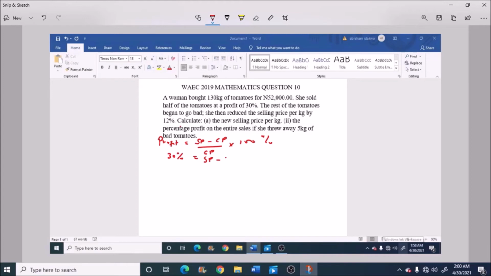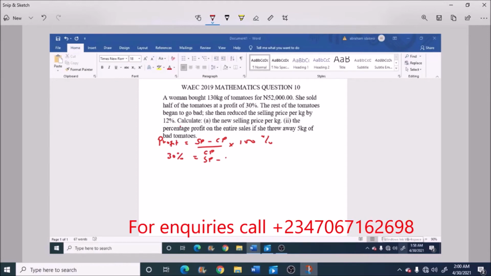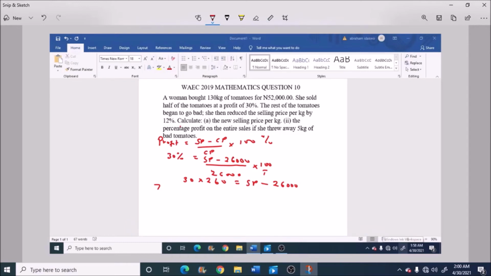So this will give us 30 times 260 is equal to SP minus 26,000. Now we have 7,800 plus 26,000 is equal to the selling price.